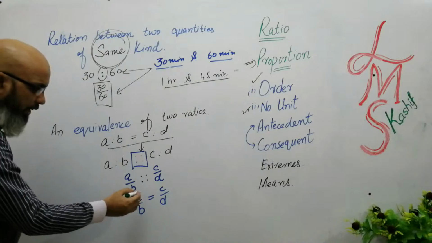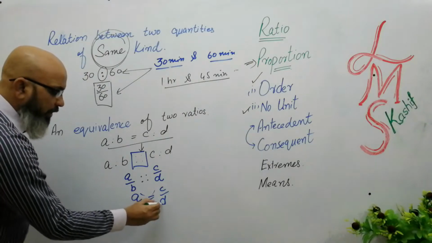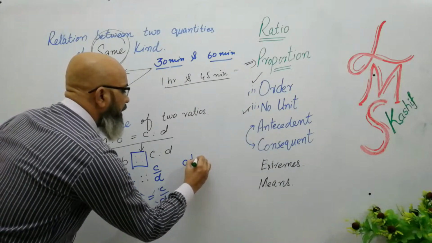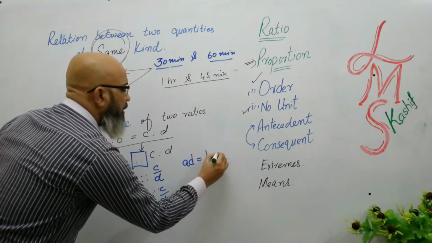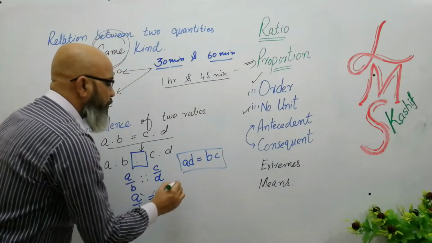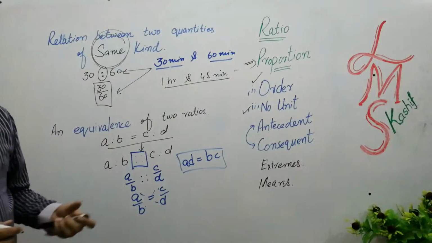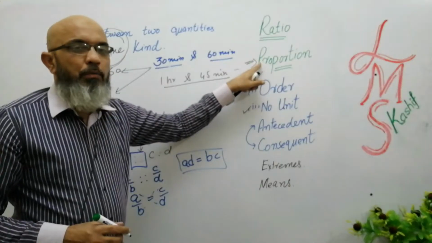Now if we cross multiply A with D and C with B, what do we get? AD is equal to BC. This is also a proportion form. So we can write in these forms. I hope you understand what ratio and proportion are.